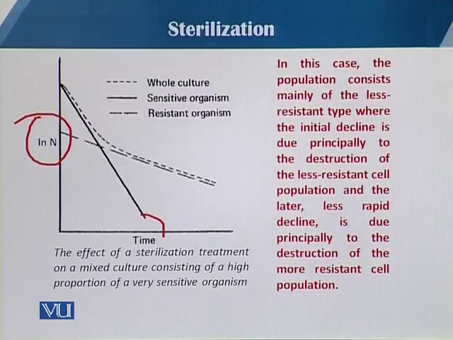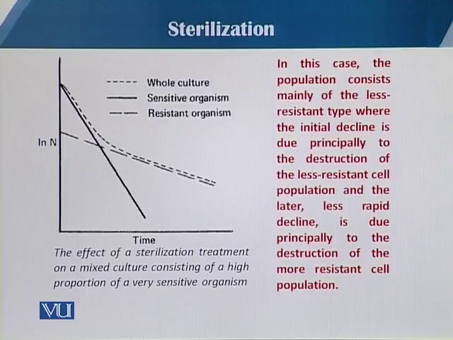As concerned the sensitive organisms, the effect of the heat is very strong, but on the resistant organisms, the effect of heat is less as compared to the sensitive ones. These cases apply only when we are dealing with heat sterilization or moist heat sterilization.